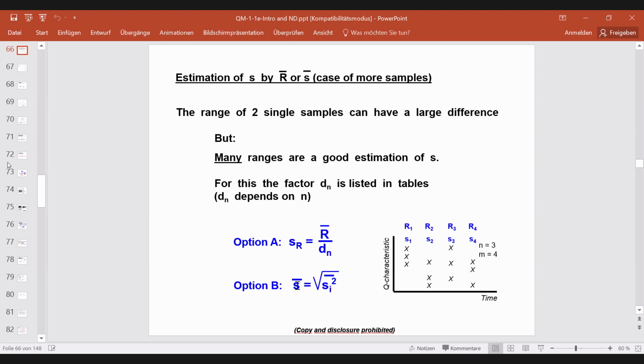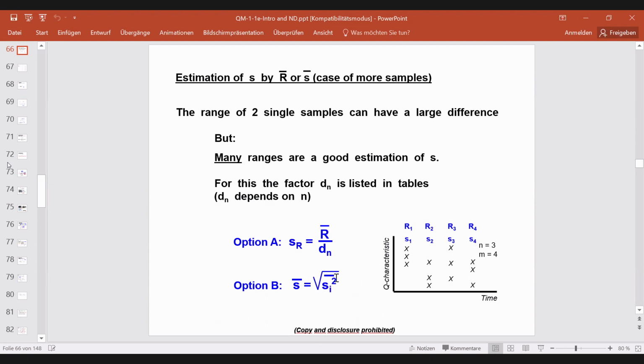Another option is to analyze the variance of all these measurements, the quality chart measurements. You take the sum of all these standard deviations and then divide it also by 4, because there are 4 samples.